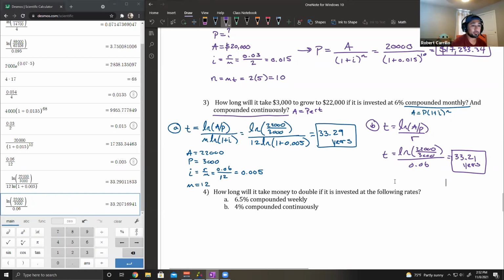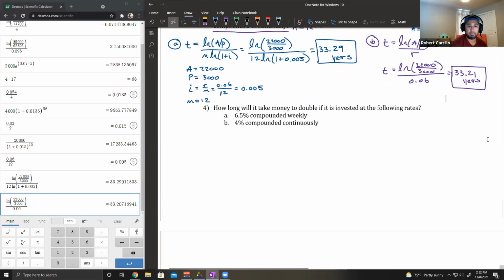Okay. Everybody go with 3. All right. And then 4. How long will it take money to double if it is invested at the following rates? 6.5% compounded weekly and 4% compounded continuously. So again, this says how long.